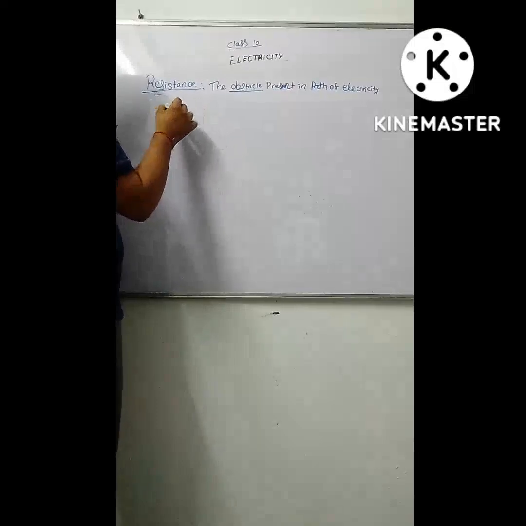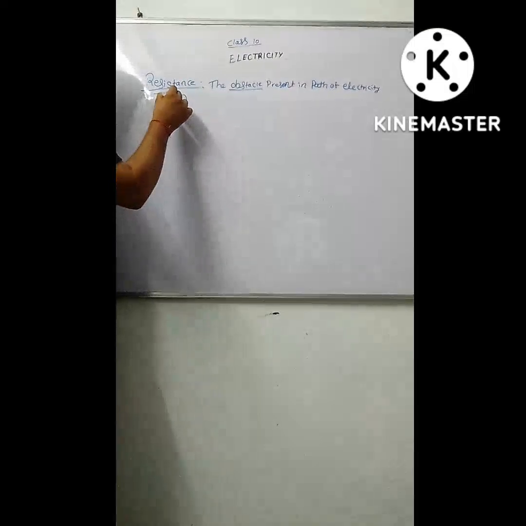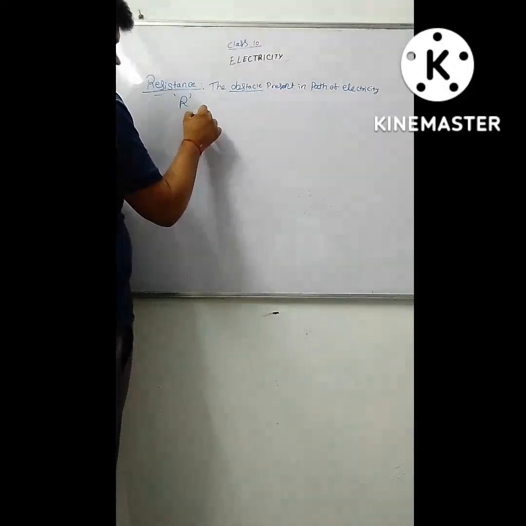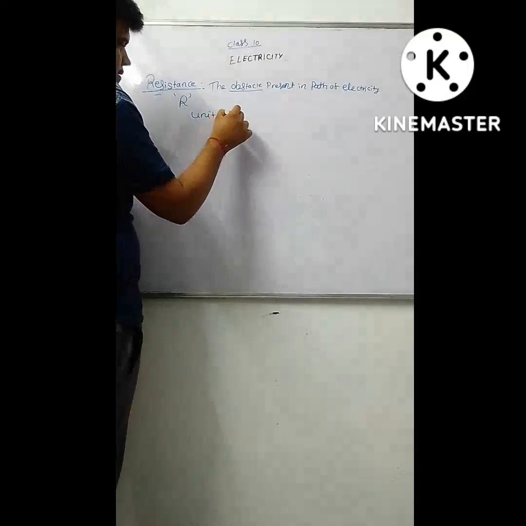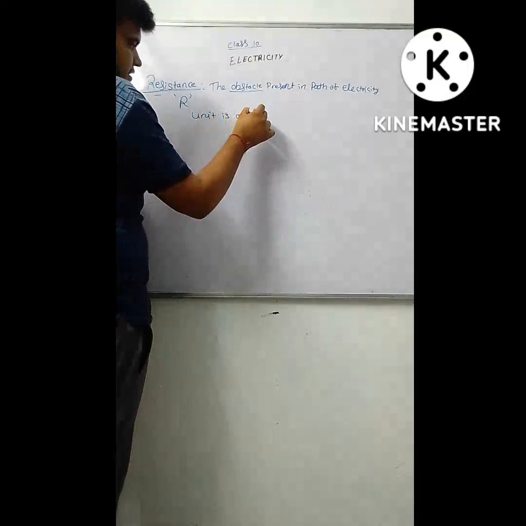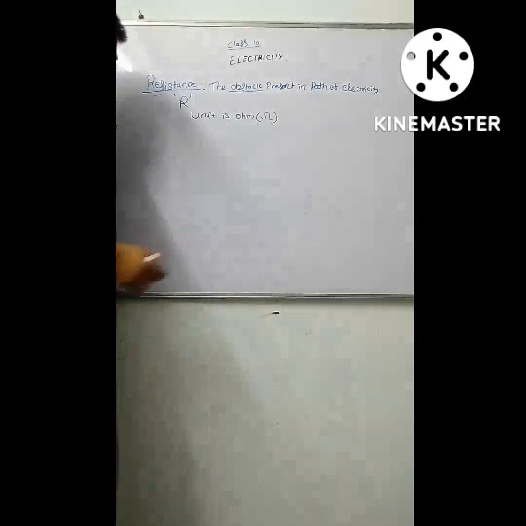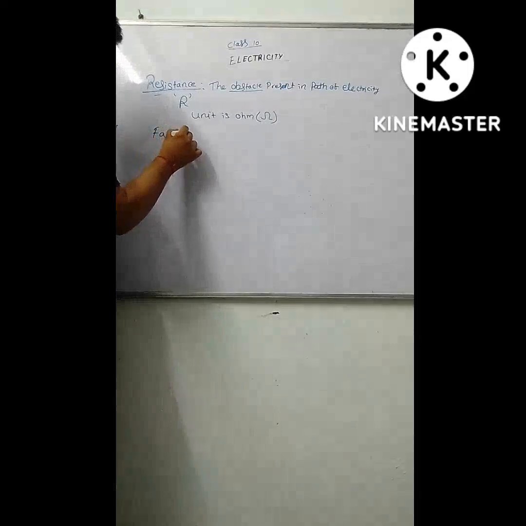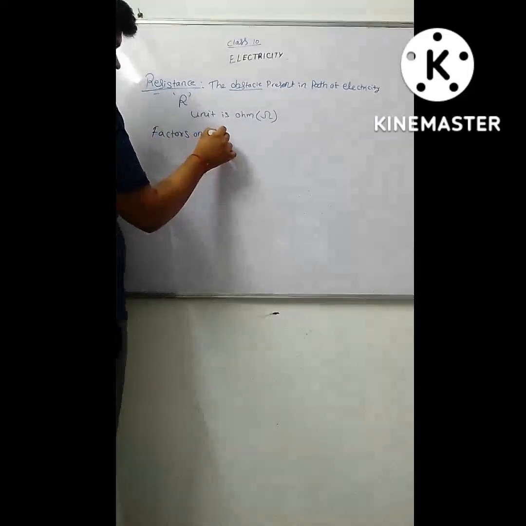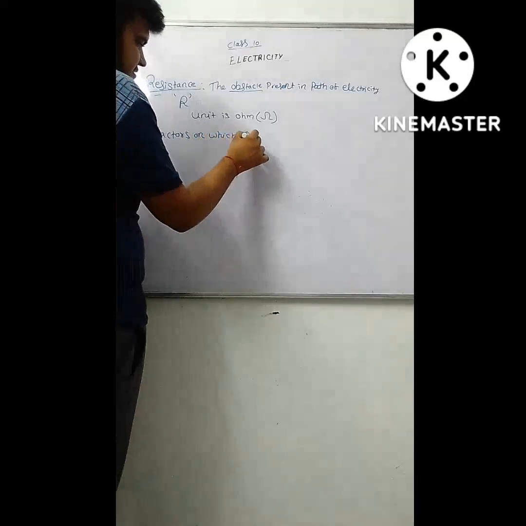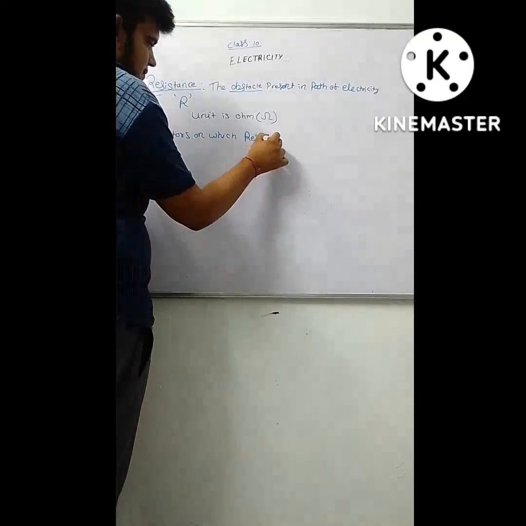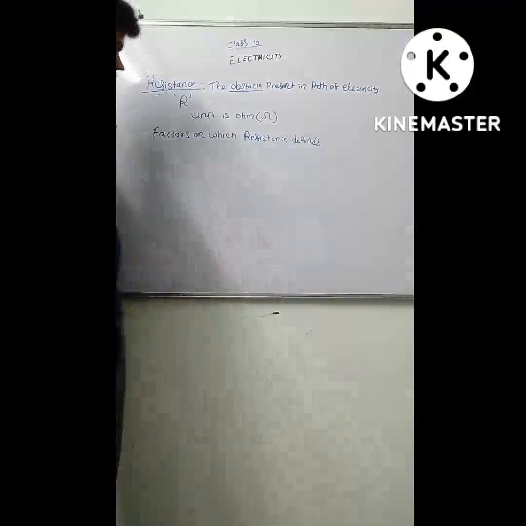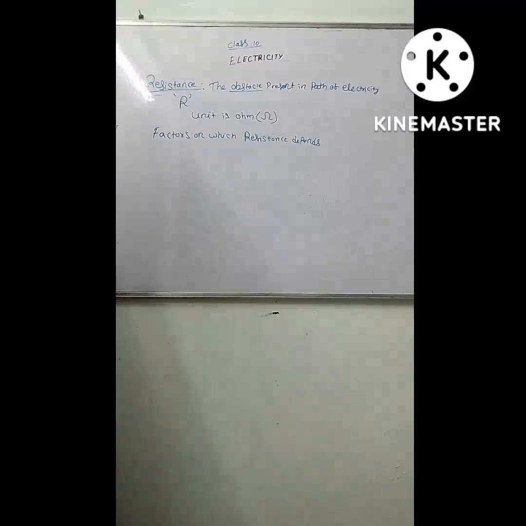It is denoted by capital R and its unit is ohm, represented by this symbol. Now, the factors on which resistance depends. On which factors does resistance depend?